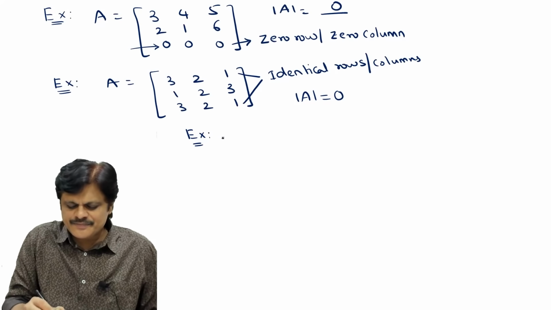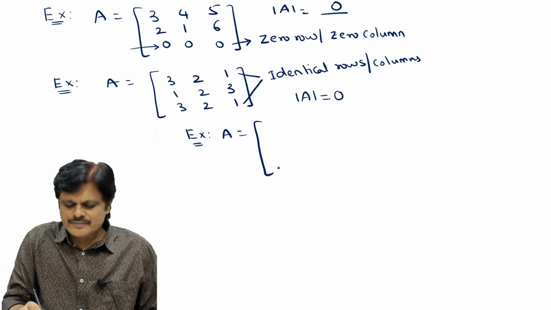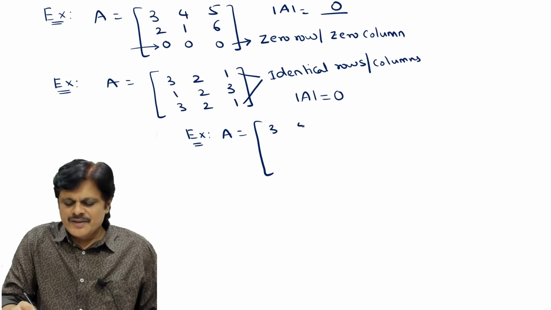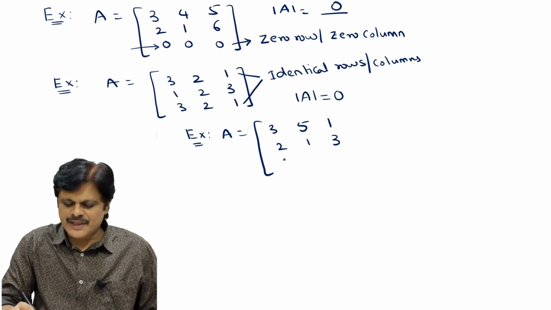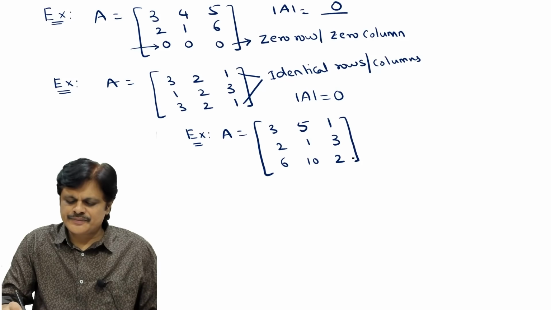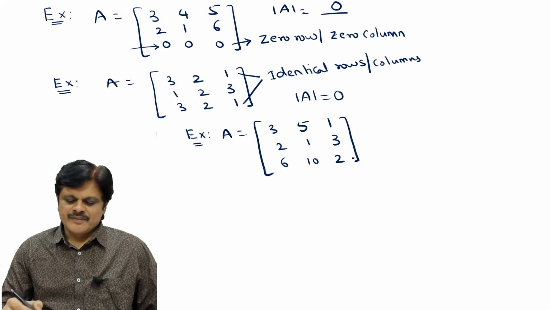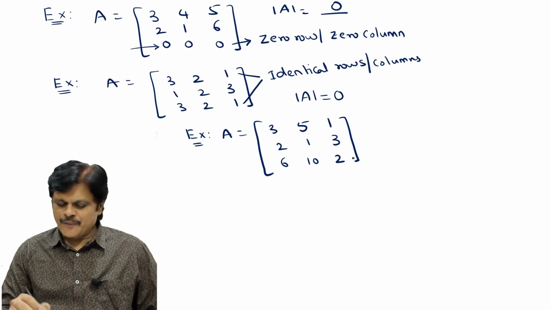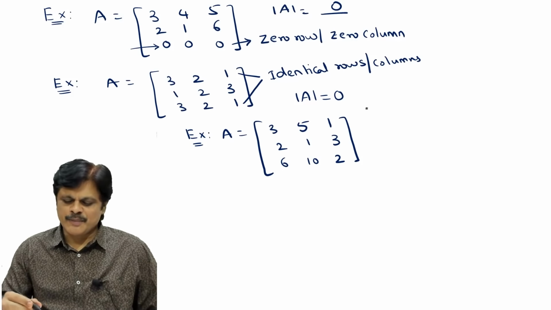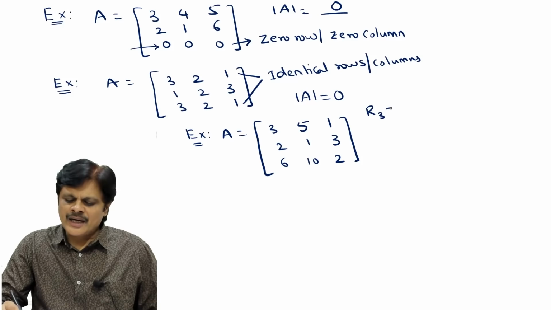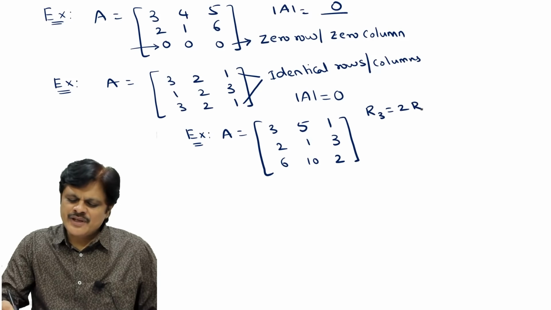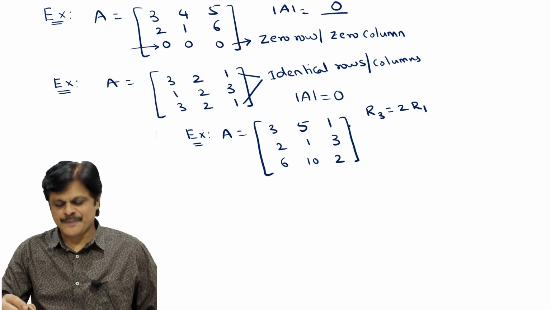I'll write here 3, 5, 1, 2, 1, 3, 6, 10 and 2. In this particular example, we don't have a 0 row and we don't have the same rows. But if you observe, R3 is 2 times R1.